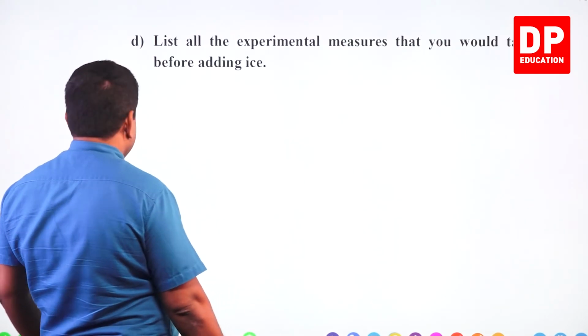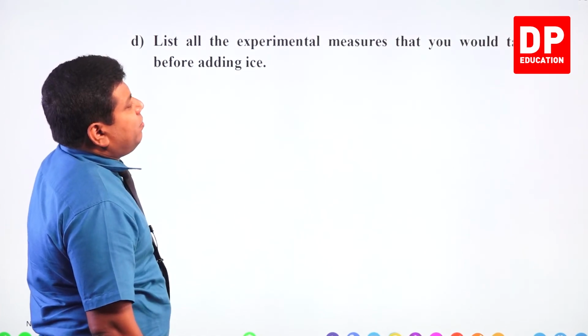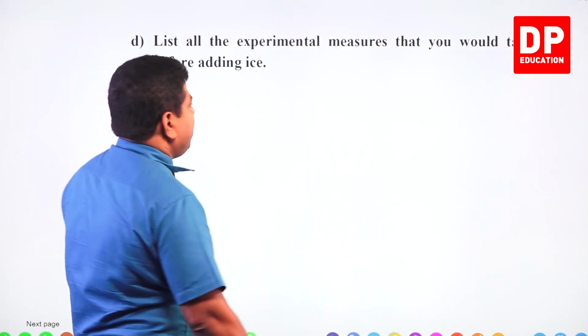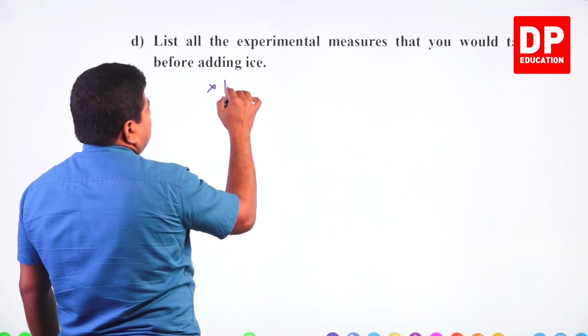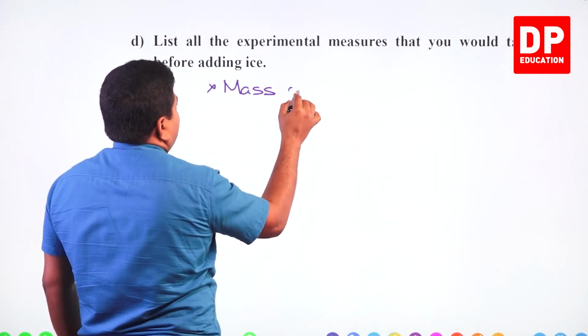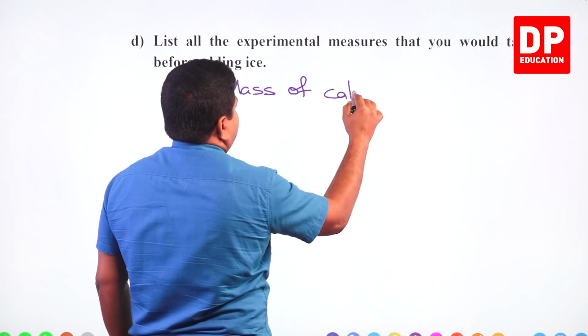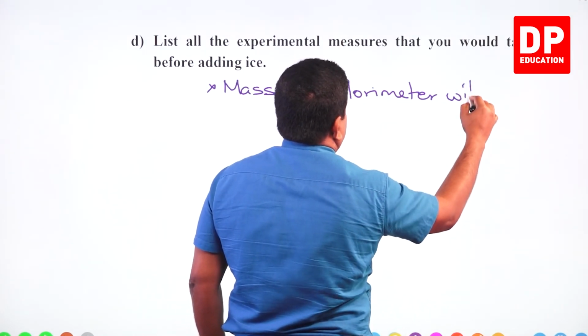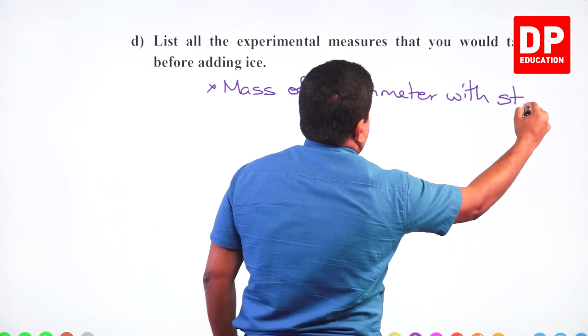Next. List the experimental measures that you would take before adding ice. Usual typical question, every paper they have asked this. Mass of calorimeter with stirrer.